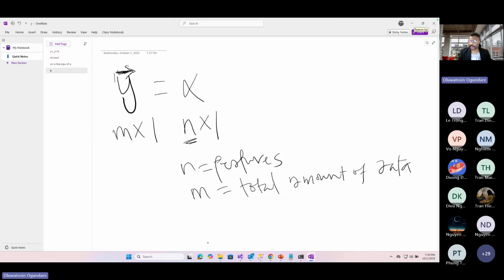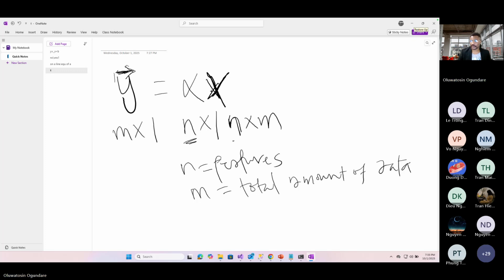Okay, so we're talking about n by 1. M is the total amount of data, which is our number of data points that we have. N is the number of features that we have. So we have alpha at this point, and we have alpha x. So our data set that we just saw is going to be what? Depending on how you want to do this, I will write it as n by m.